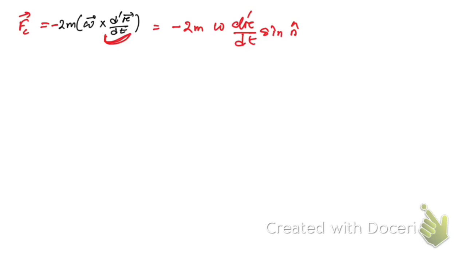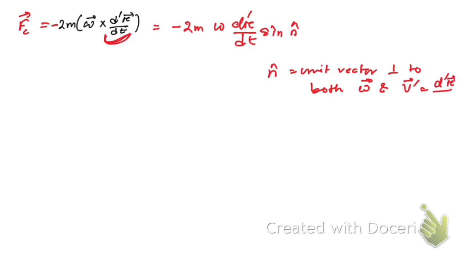So n is the unit vector perpendicular to both omega and v dash, that means d dash r by dt.